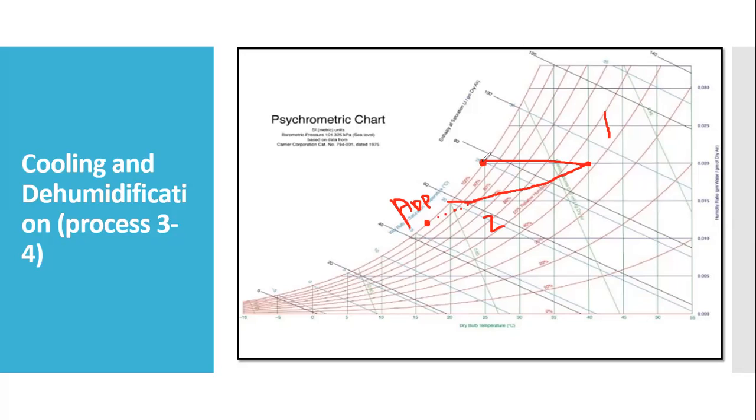Again I am repeating, whenever your apparatus dew point temperature, or cooling coil temperature, or we can say evaporator coil temperature, is lesser than the dew point temperature of inlet air, at that point you can start your AC, otherwise cooling and dehumidification will not happen. If ADP is over here, then cooling and dehumidification will not happen. If it is here, it won't start. If it is here, then it might start. So whenever your ADP is lesser than the dew point temperature of inlet air, you can start your AC, and your cooling and dehumidification process is done, right?